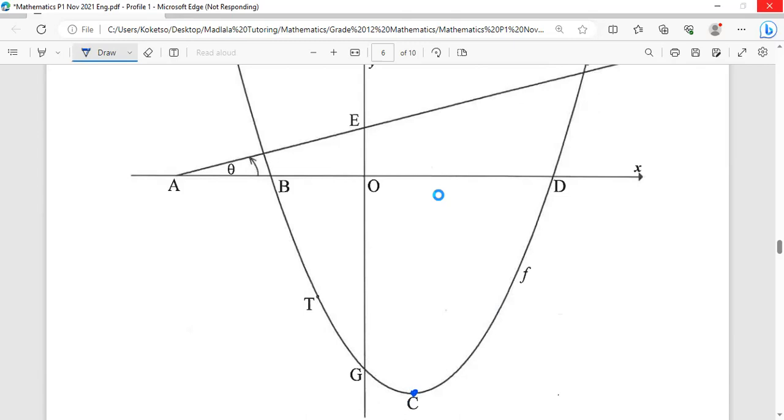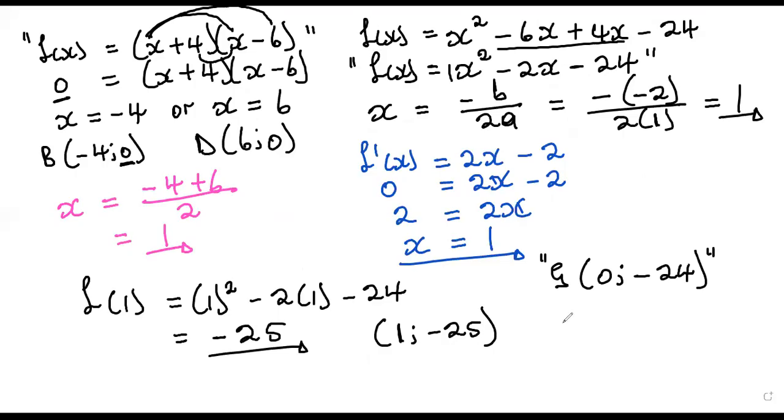So now that we say that, what is the meaning? So this means if we must talk about the range, we'll tell them that the function starts where? At negative 25. And where does it end? It ends at positive infinity.